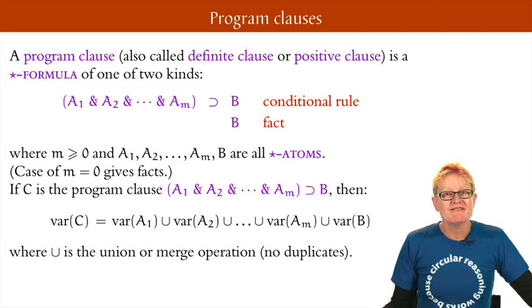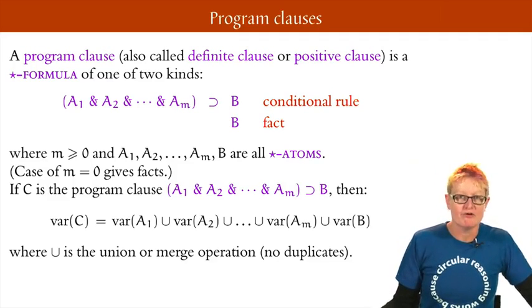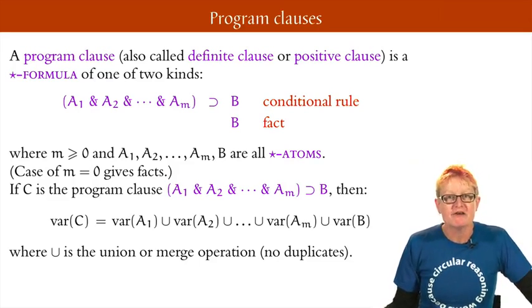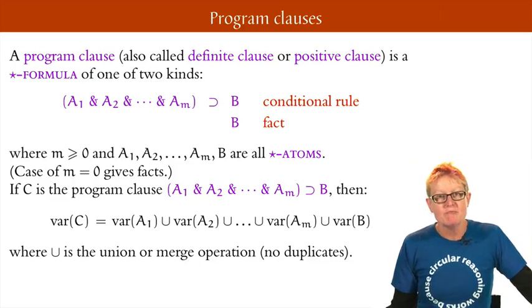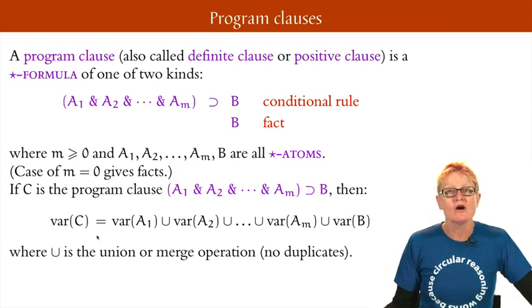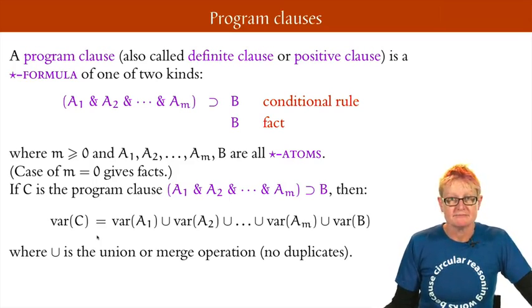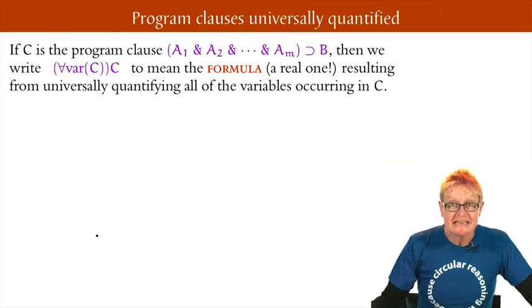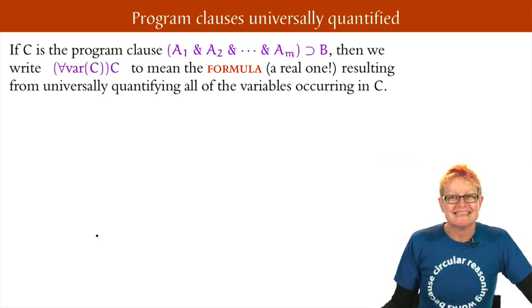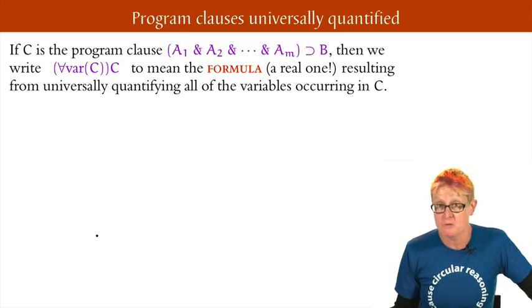Now we need to refer to the variables within a program clause C, so var of C is simply obtained by merging, or taking the union of, all the variable sets for the component star atoms. Just to be clear, a program clause C is a star formula, not a real formula.